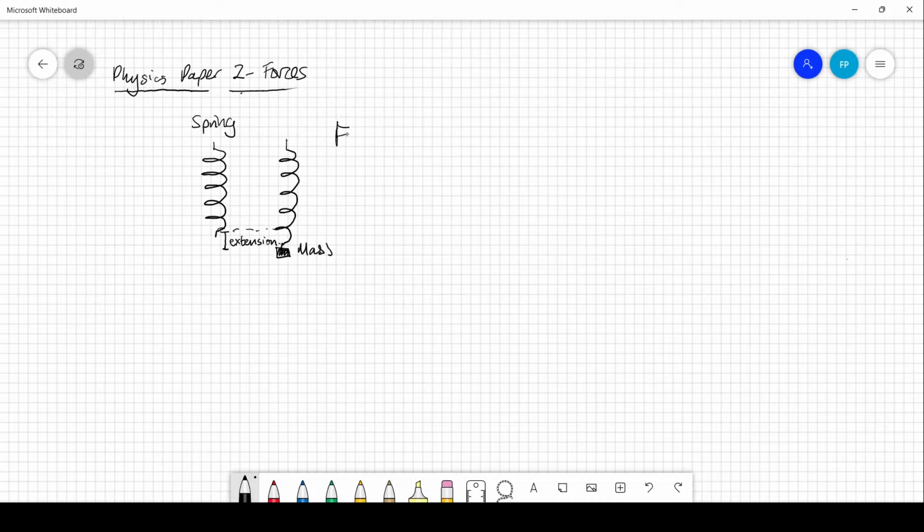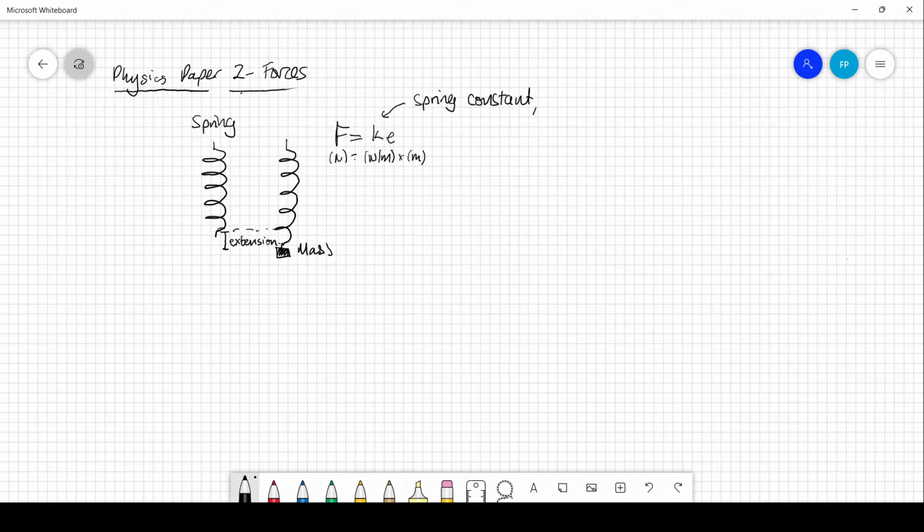Now the force is proportional to its extension, so there's some number involved, and this is called the spring constant. And it's different for every spring. So if we have the units as well, the force in newtons is equal to the spring constant, newtons per meter, times the extension in meters.